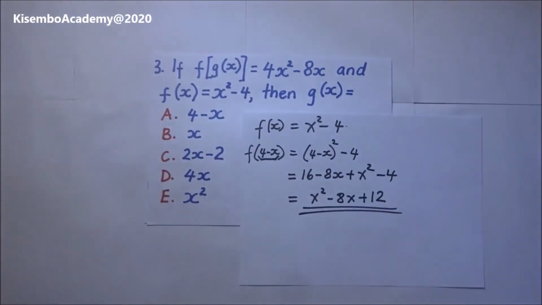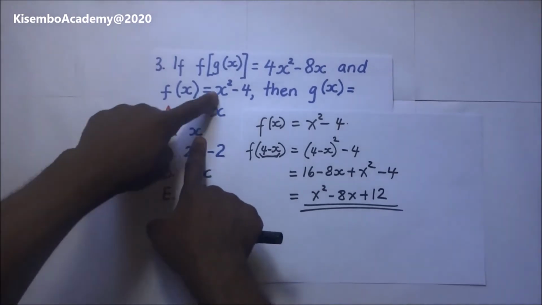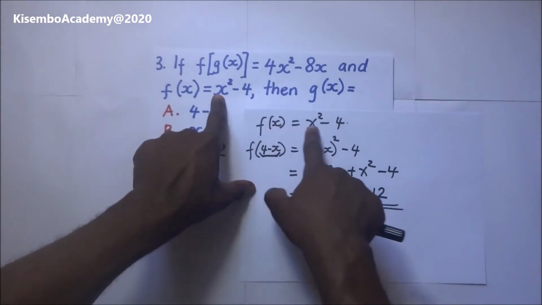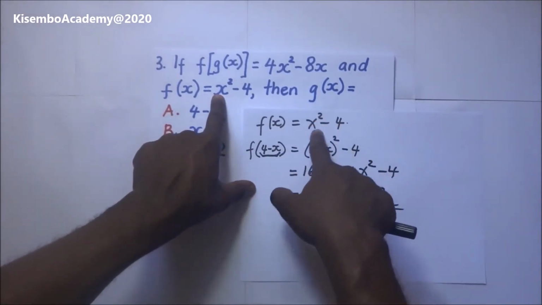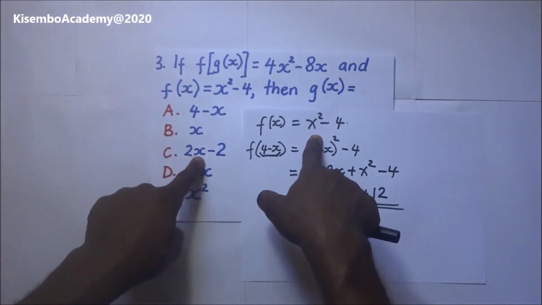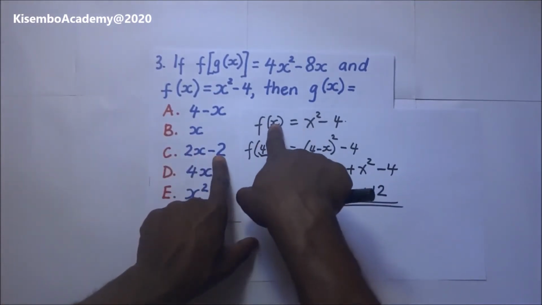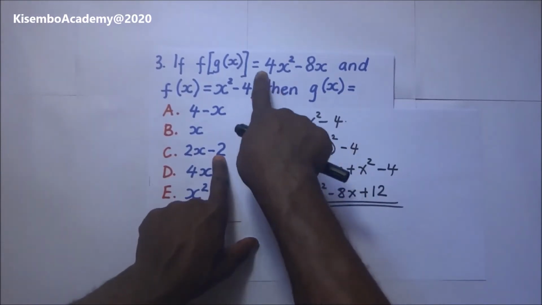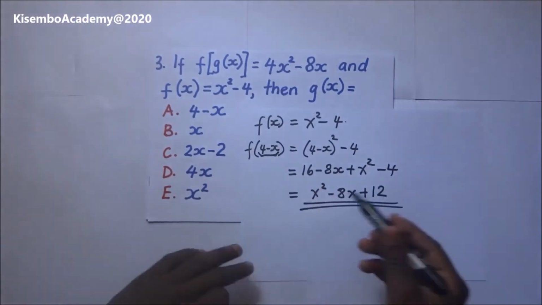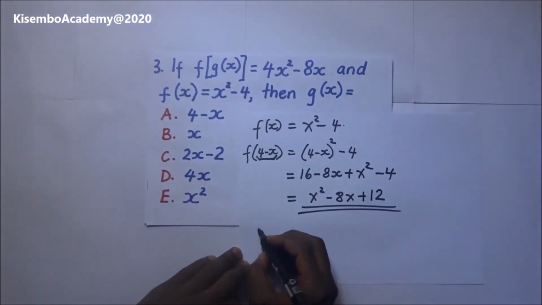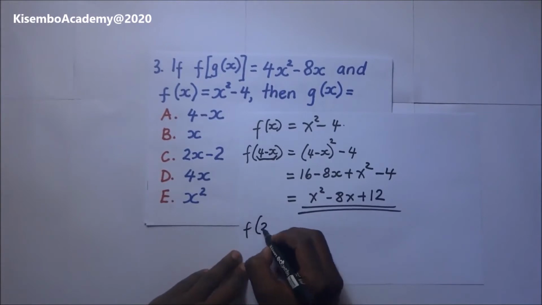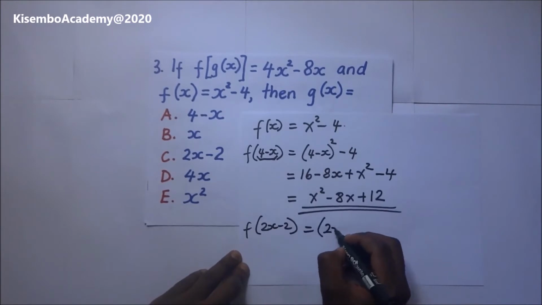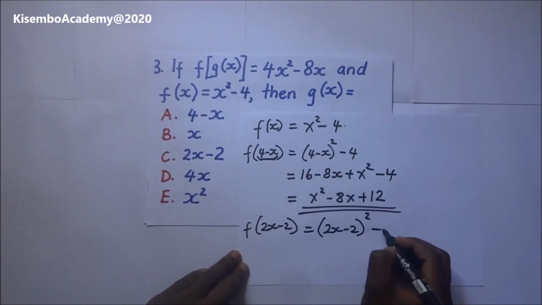If we go to part b, plugging in x here is simply going to give us x minus 4, so b is out of the picture. Let's try c, 2x minus 2. If we put 2x minus 2 in the brackets as our input, is it going to give us that? So f of 2x minus 2 gives us 2x minus 2, the whole thing squared, minus 4.